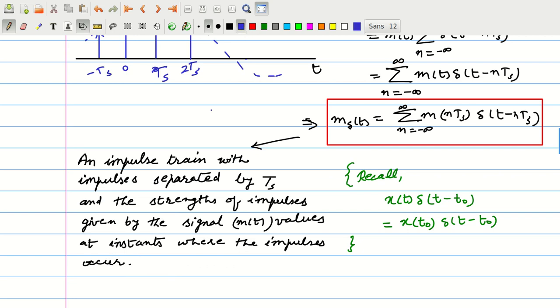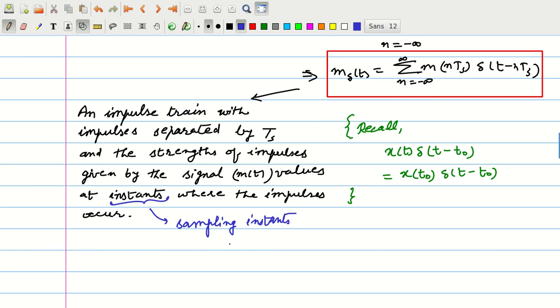These instants are called sampling instants, the interval Ts between successive sample values is called the sampling interval. The reciprocal of the sampling interval, 1 by Ts, is called the sampling frequency, and it is usually denoted by fs.